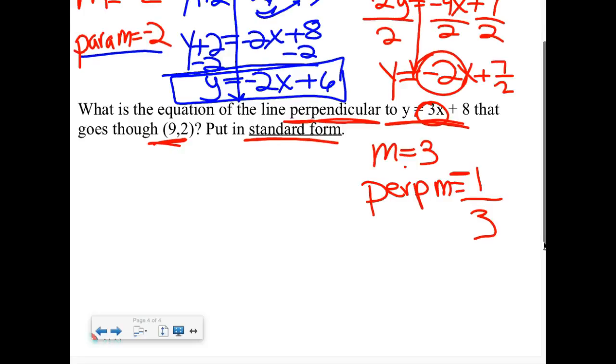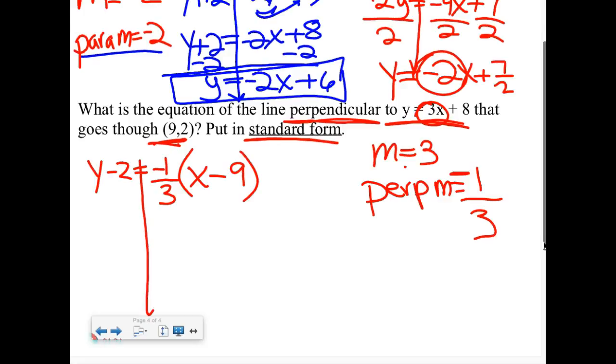We then are going to take our point and our slope, and we are going to put it into point slope form. So I have y minus 2 equals negative 1/3, and I'm going to have x minus 9. We now are going to put this into standard form. So the first thing I'm going to do is distribute that negative 1/3. So I have y minus 2 equals negative 1/3 x.